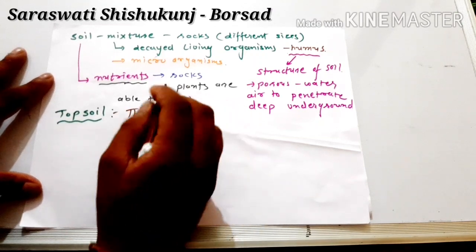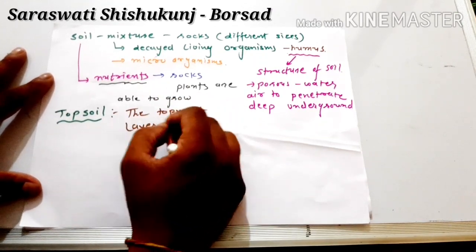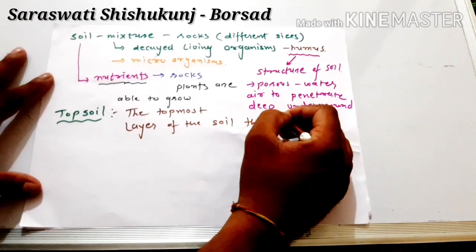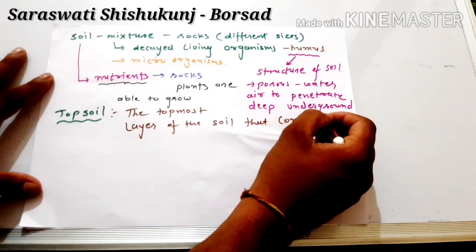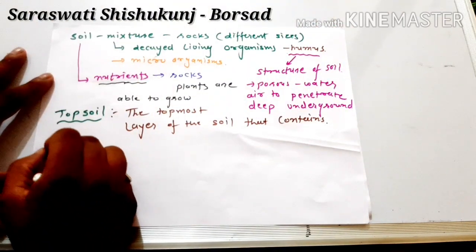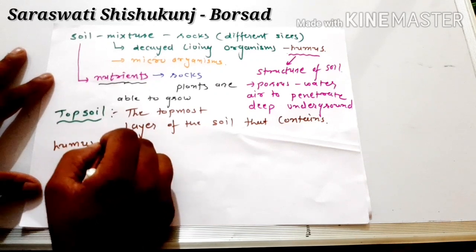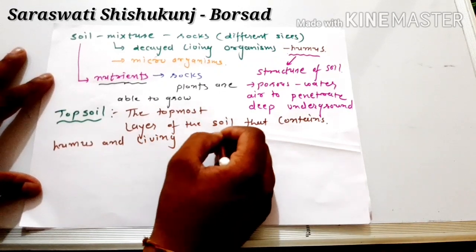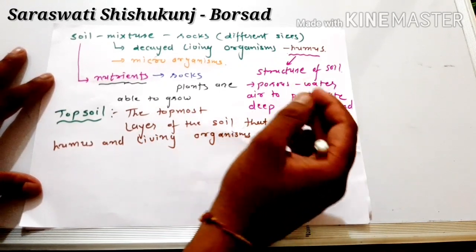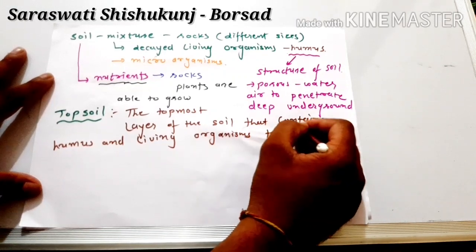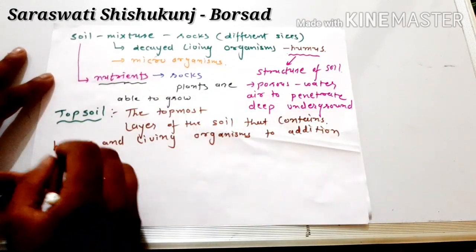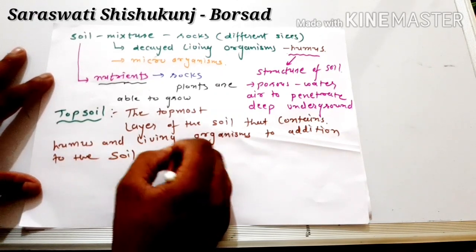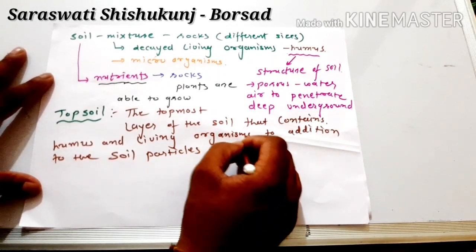The topmost layer of the soil that contains humus and living organisms, in addition to the soil particles, is called topsoil.